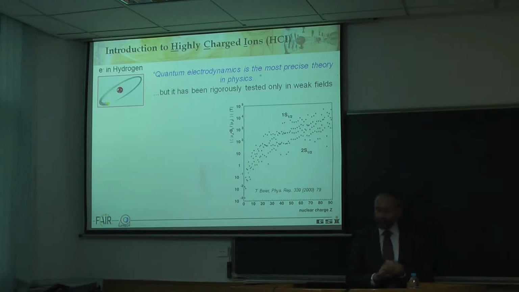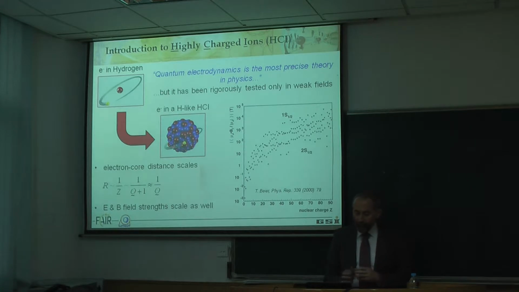So at GSI, what they want to do is to study transitions in highly charged ions that can be used to test QED. And you can see here, if you go from hydrogen to a hydrogen-like ion, like bismuth or lead, then you can get very high fields.